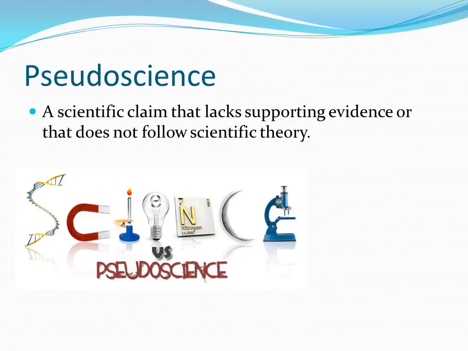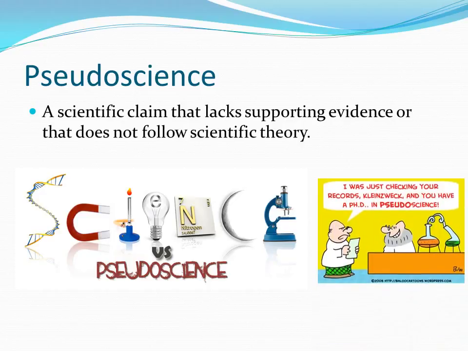Or some new medical procedure. Sometimes this doesn't follow a typical scientific process of asking a question, setting up an experiment, and getting the results, but it's kind of hard to figure out sometimes what pseudoscience is. We're going to spend time evaluating this a little bit more.